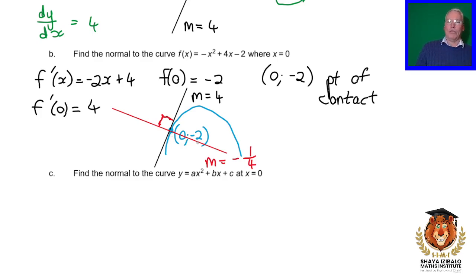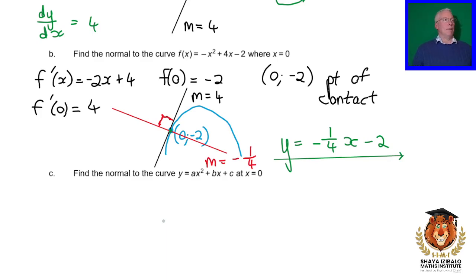So negative 2 is where our graph cuts the y-axis. So our equation of the normal will be y equals negative a quarter x minus 2. The equation of the tangent would be 4x minus 2. Both of them go through this point here on the y-axis, it's the y-intercept. Negative 2 is the y-intercept.